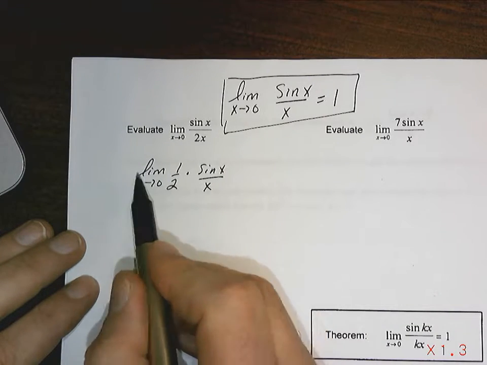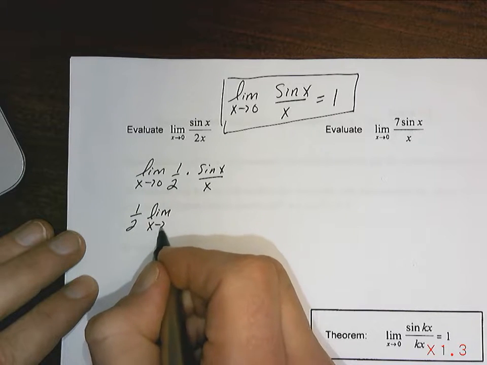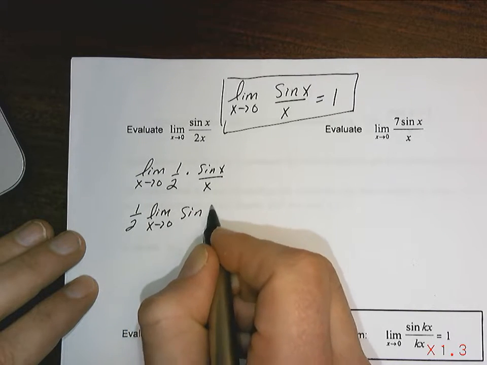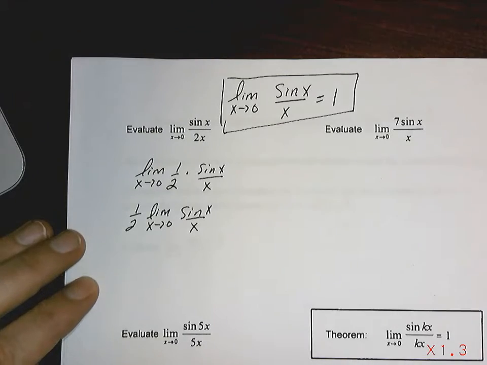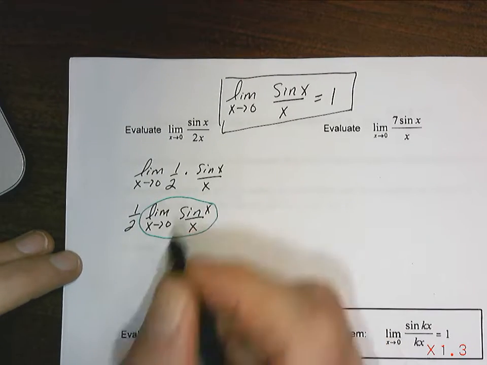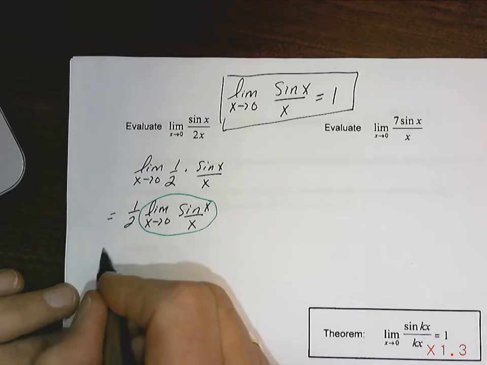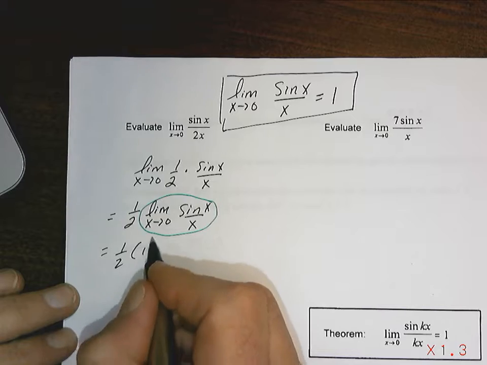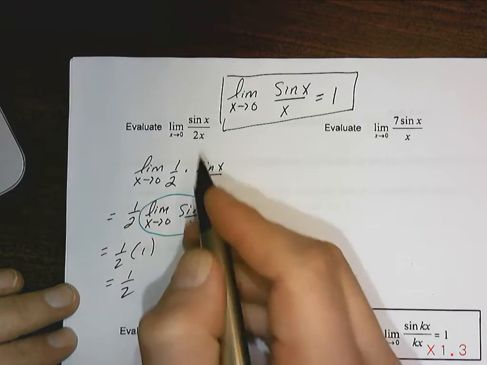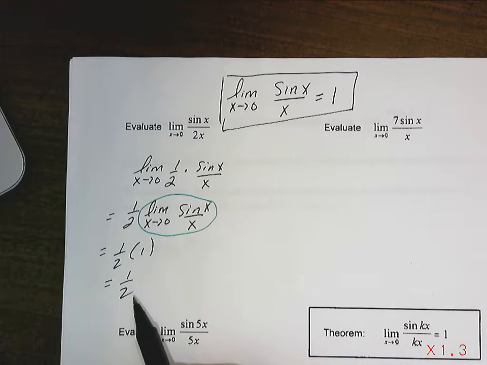This constant can be taken out of the limit. Because of the work we did on the last page, we know a value for that. That equals 1. Which means that this limit here, as x approaches 0 of sine x over 2x, equals 1/2.